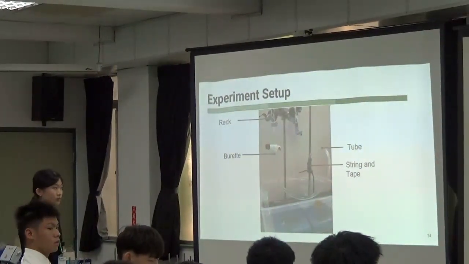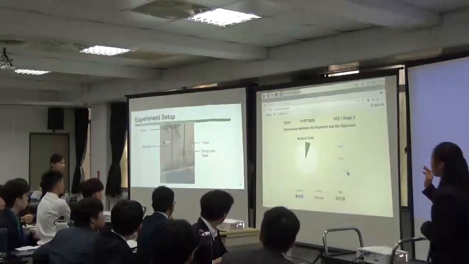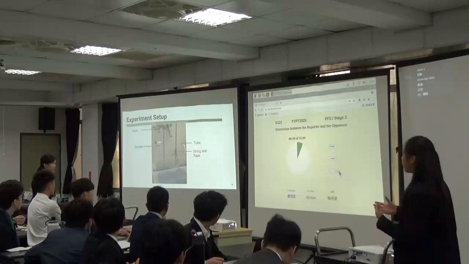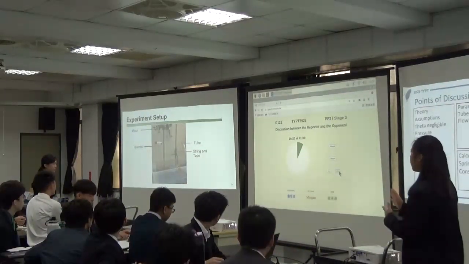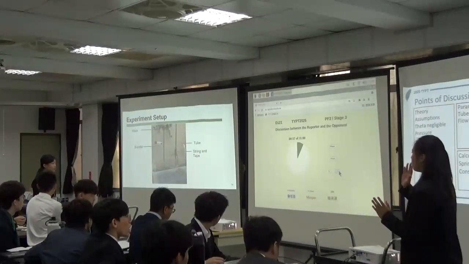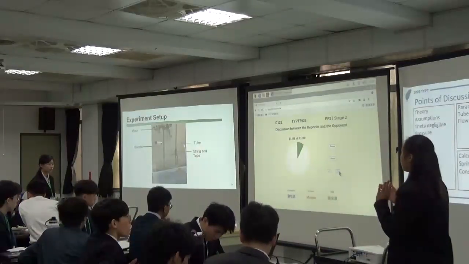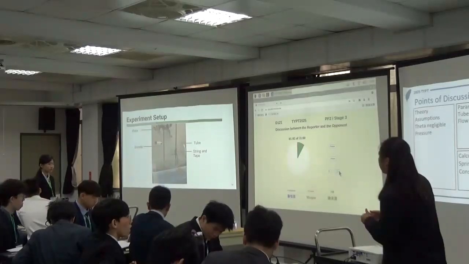This one. For the tube, as you can see, the tube goes from the side into the string and the tape, and therefore the direction of the flow rate, even though it's constant, is not directly vertical. So as the water is being pumped out, the pressure inside of the tube is not constant.